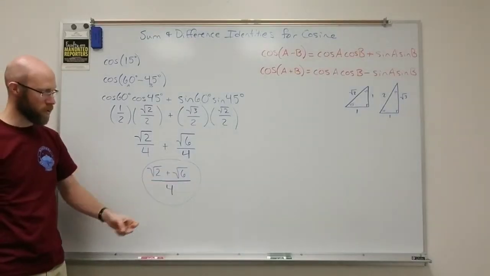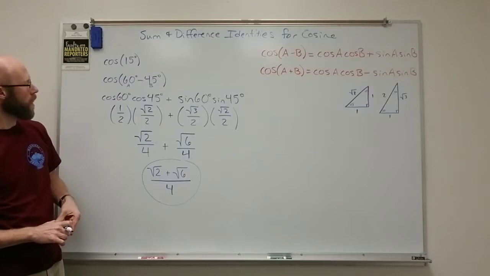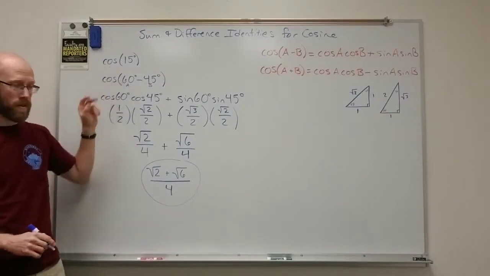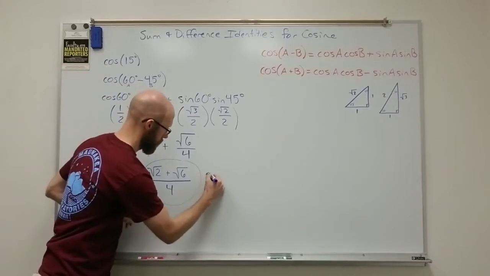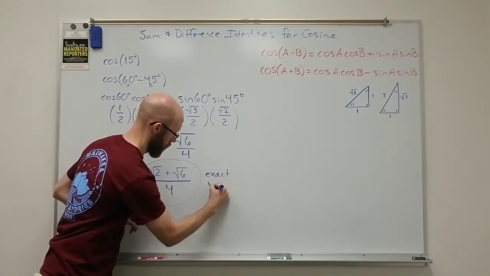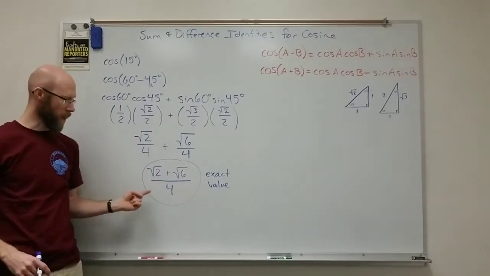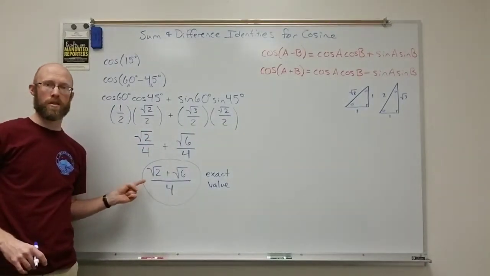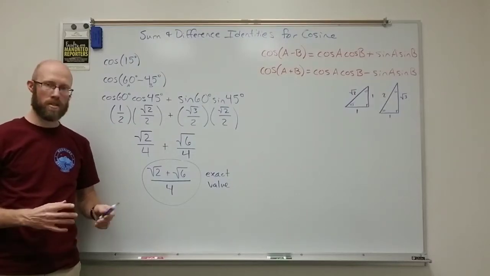Root 2 plus root 6 all over 4 is the exact form of the cosine of 15. Okay? So if you're asked for the exact value, you want this. It's the most simplified form that involves no rounding or decimals in any way.